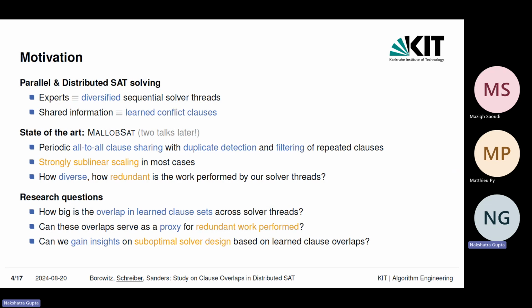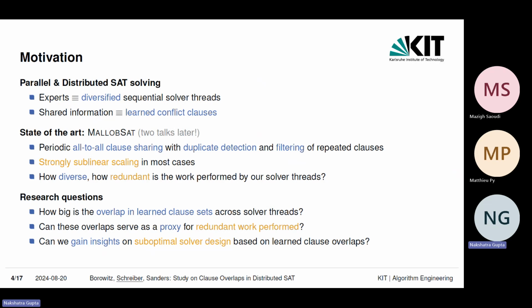So how diverse are the clauses which our solver threads produce? How big is that overlap? Can these overlaps maybe serve as a sort of proxy for the redundant work which the solvers perform? Can we also gain insights on suboptimal solver design based on those learned clause overlaps?